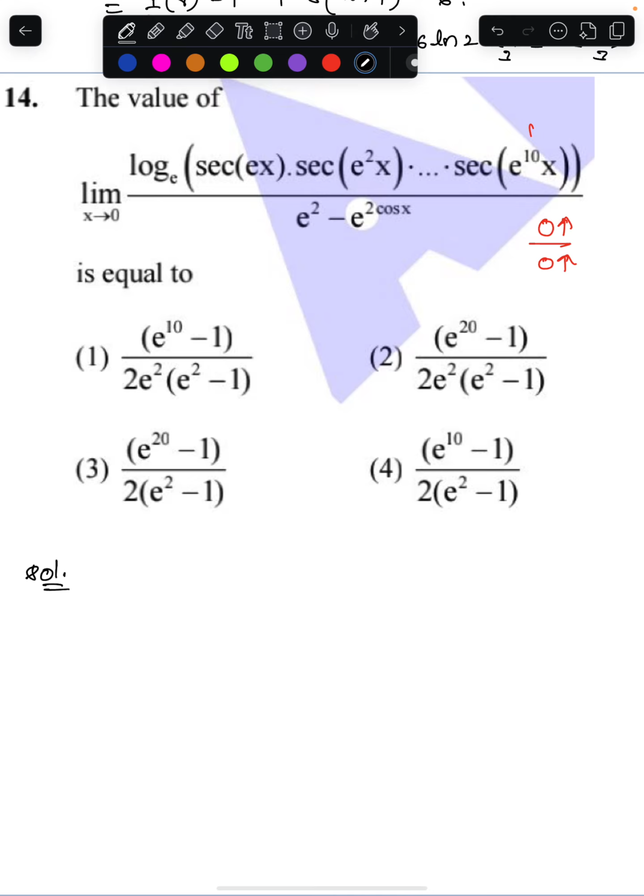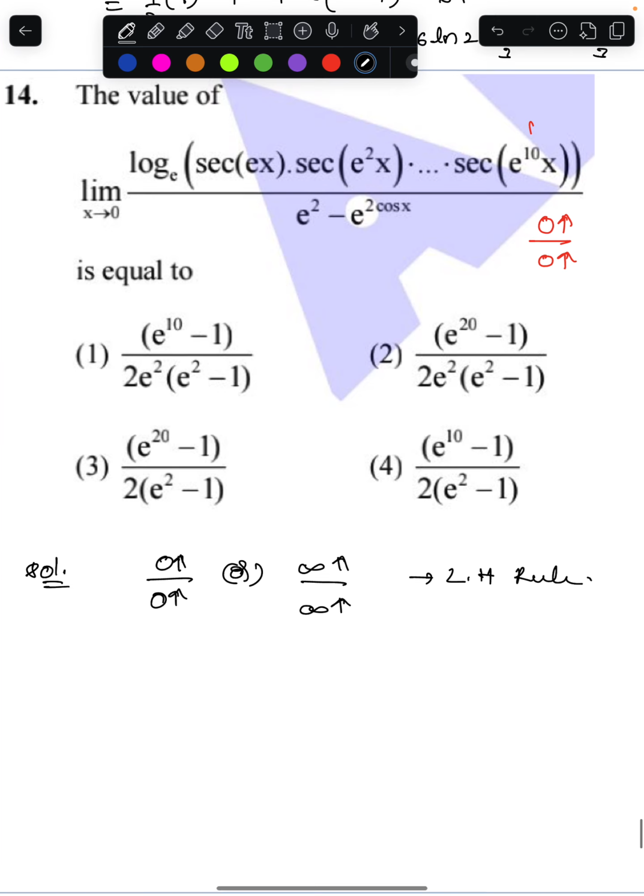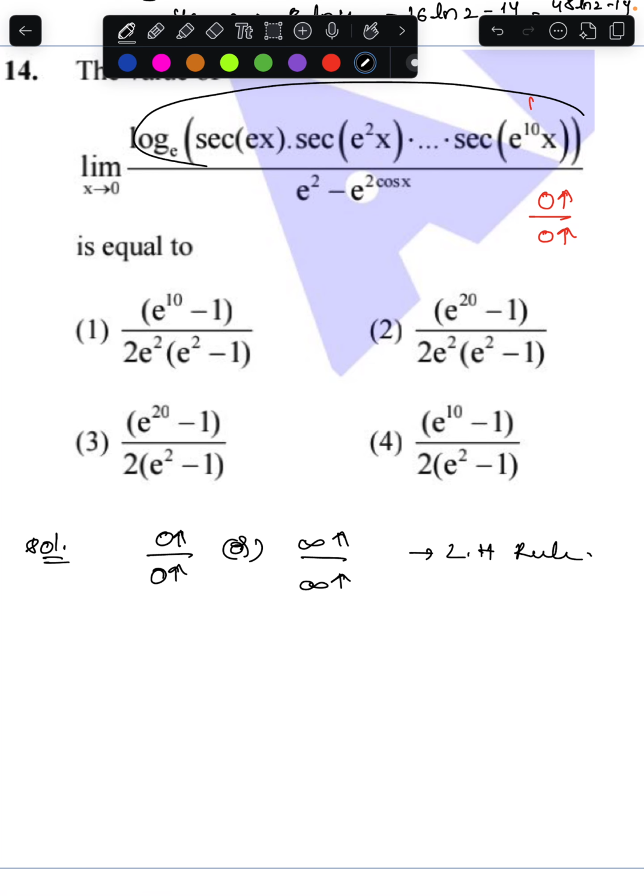Whenever a limit is of the form 0 by 0 or infinity by infinity, we can use the L'Hospital rule, right? But to differentiate it directly will be lengthy, so I will use the properties of logarithm. Log ABCD is log A plus log B plus log C, so this can be converted into a sum.